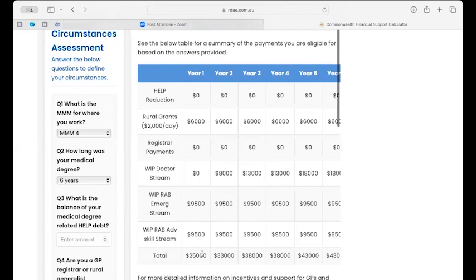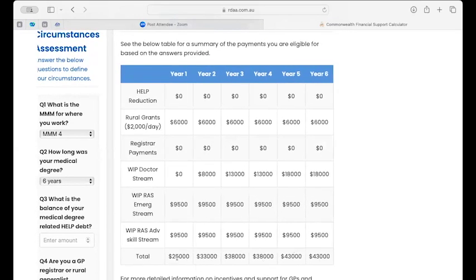So for this doctor, over time, their incentive will grow, but in the first year, in addition to all their Medicare billing or their salary, whatever the arrangement may be, they would be eligible for $25,000. And that will increase over time as the WIP doctor stream increases as well.